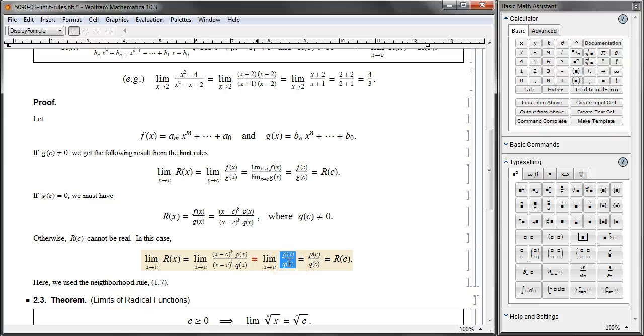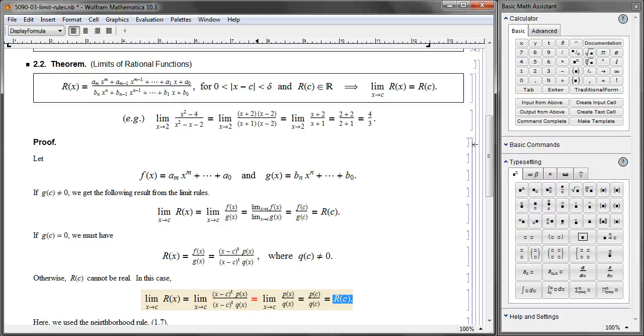And then that just becomes, well, repeated application of the addition rule, multiplication rule for numerator and denominator because they are polynomials, and then finally the quotient rule. So we have p of c over q of c, which is actually r of c, the function value for that.